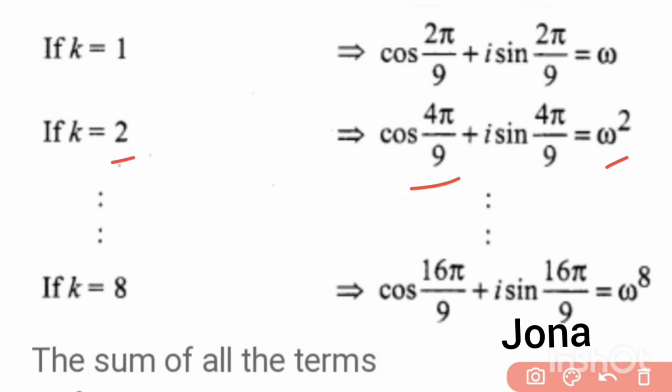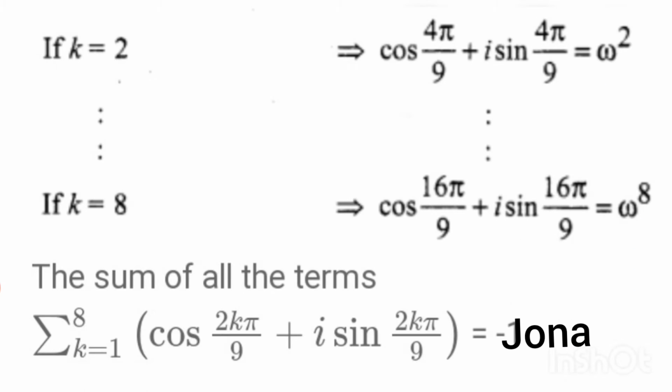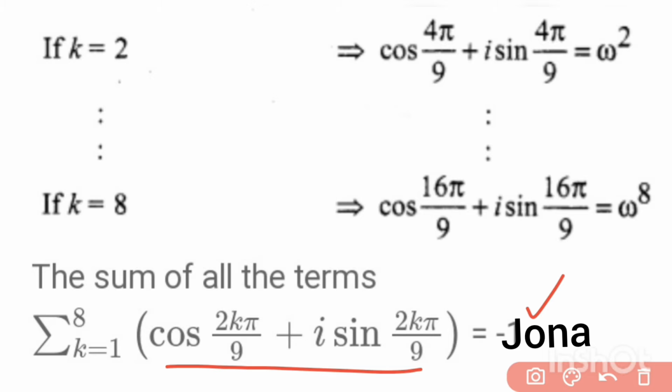It goes on there. If k equal to 8, it will become cos 16 pi by 9 plus i sin 16 pi by 9. It's nothing but omega power 8. So the sum of all the terms, sigma k equal to 1 to 8, given in the problem, is equal to minus 1. Okay, if you add everything, it will be minus 1 here.